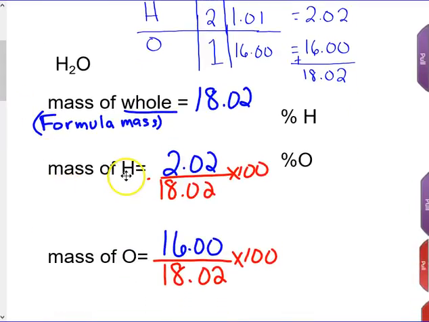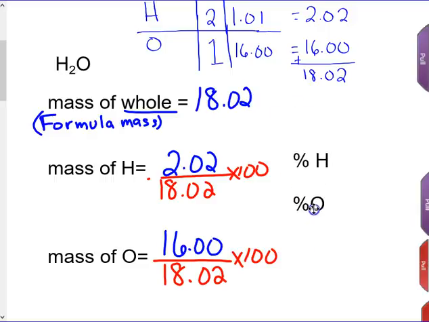So here I have that the mass of hydrogen is going to be 2.02, which I got from here, the total mass of both of my hydrogens, divided by the mass of the whole thing, which is 18.02 times 100. I'll do that again for oxygen and take the mass of 16.00, which is my total mass for all of my oxygens, divided by the mass of the whole thing, which is 18.02 times 100.